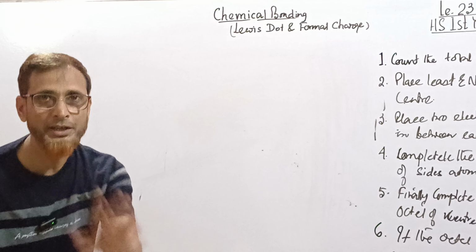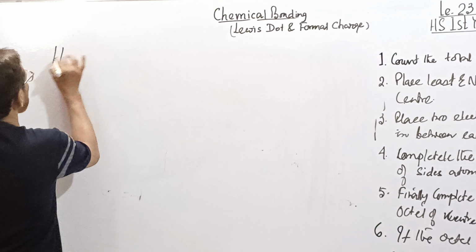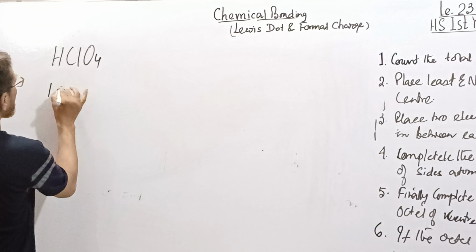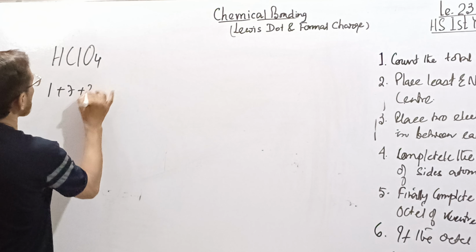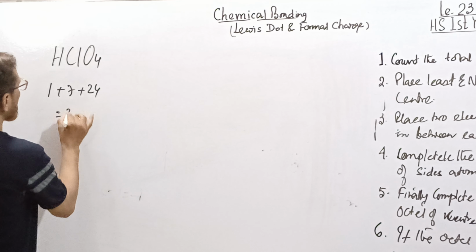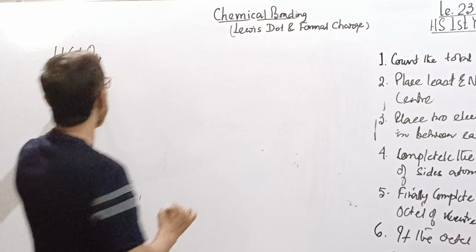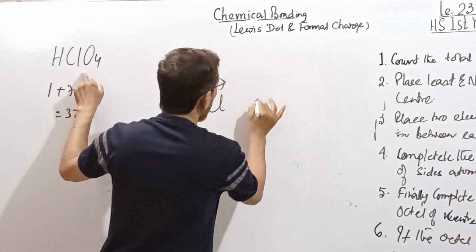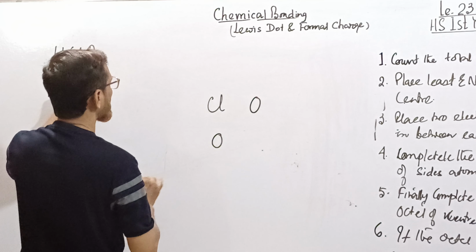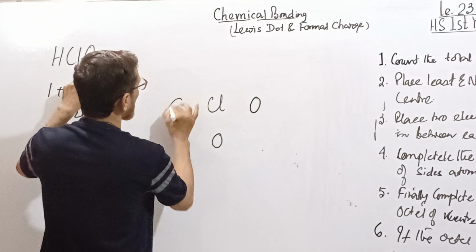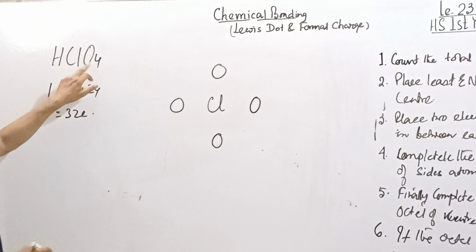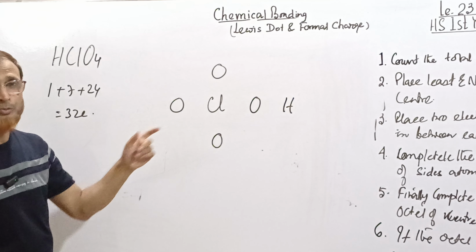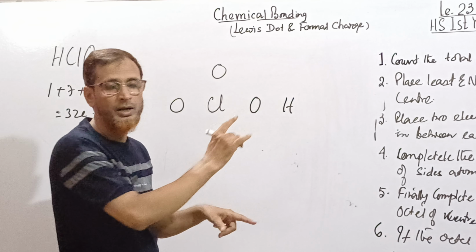Now one critical point I am discussing: perchloric acid. Perchloric acid, valence electrons 1, 7, total 32 electrons. Perchloric acid has chlorine at the center, oxygen, oxygen, oxygen, oxygen, and here 1 hydrogen. Next we should place 2 electrons between any 2 atoms.